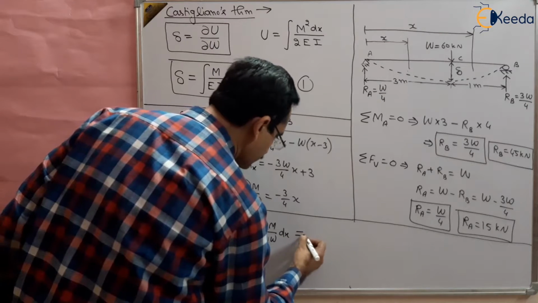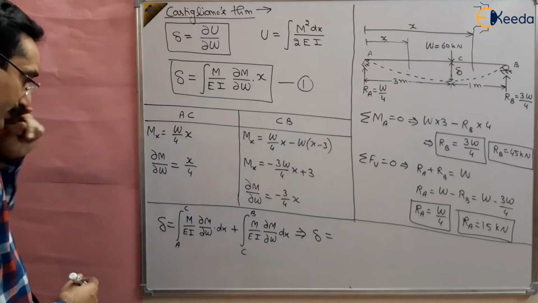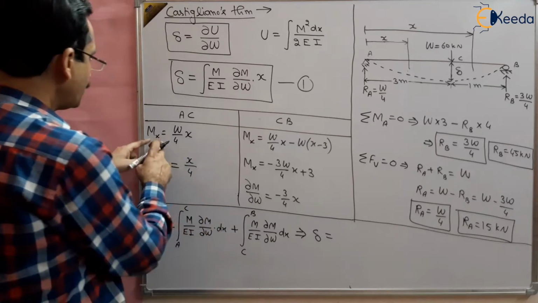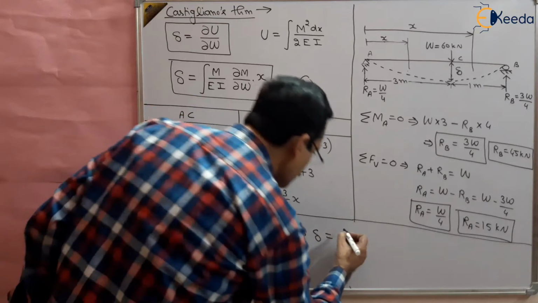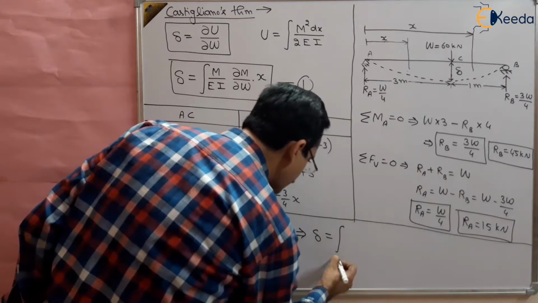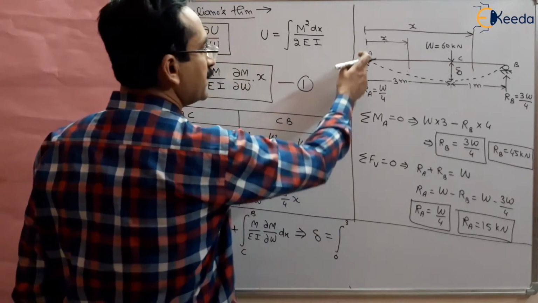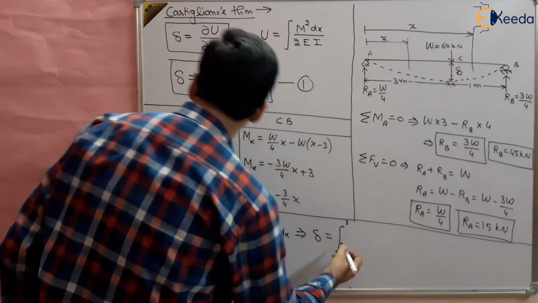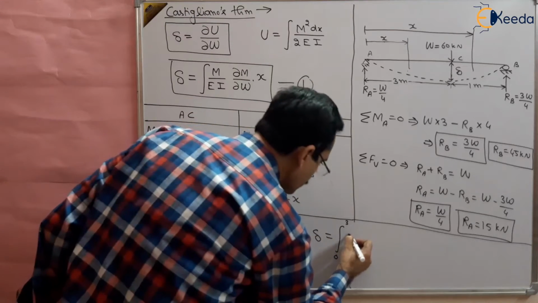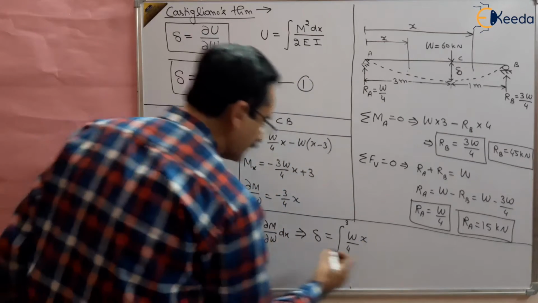So what we are getting is, delta will be equal to M. The M value is known to us, that is Wx by 4, and it is valid from A to C. A is 0, this is 3. We are taking 0 at A and 3 meters at point C, right? So M is known to us, that is W by 4 x, and EI is there.